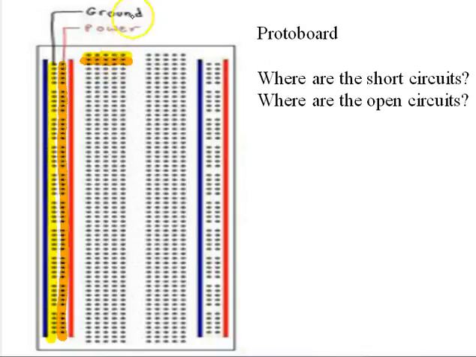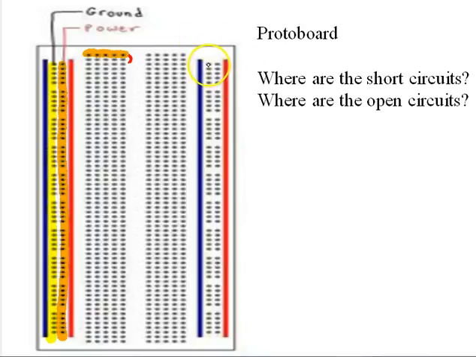It's hard to draw. I'm doing those on top of each other, so that's not quite right to show that way. We'll try to show that that's a short, and underneath it, it's open. So we have an open circuit between these 2 horizontal rows, and an open circuit between these 2 vertical rows.